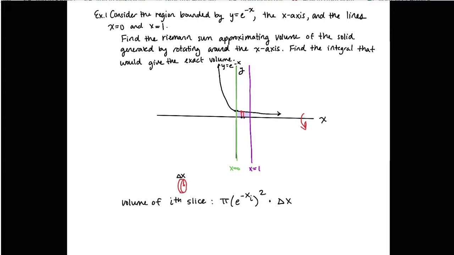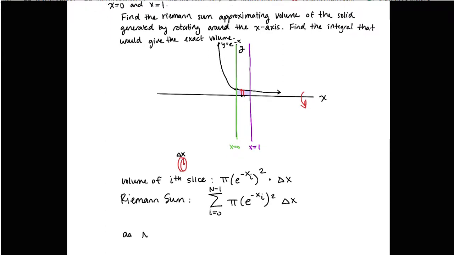Okay, so then the Riemann sum is what happens when you go ahead and add up all those slices. So I'm adding up. My index ranges from 0 to whenever you stop slicing. And as n goes to infinity, delta x will go to 0, remembering that n is the number of slices.